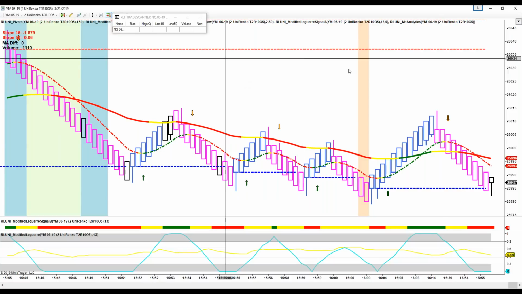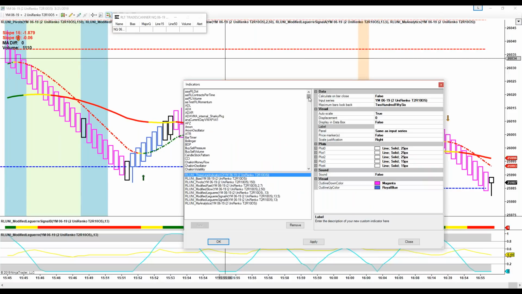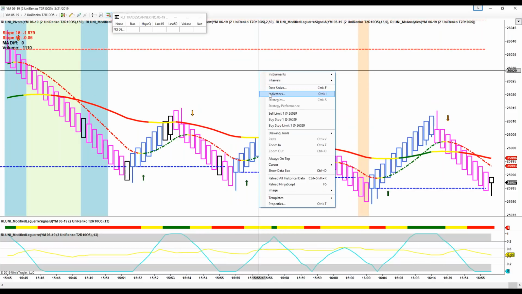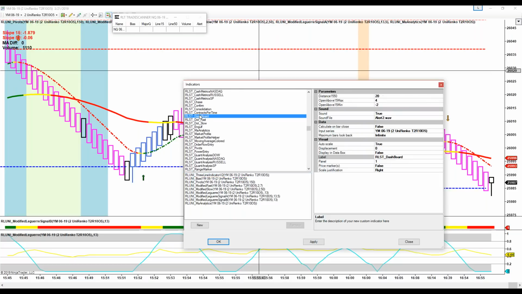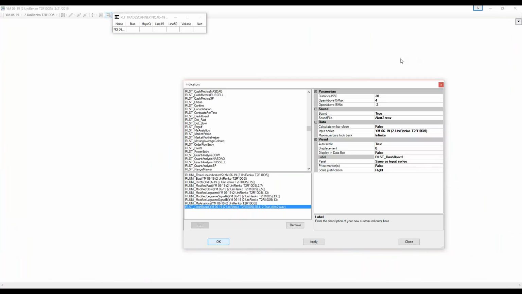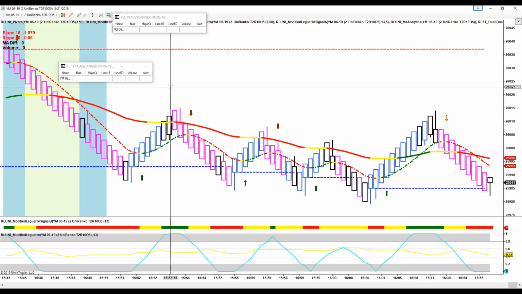I just want to put it on the Dow and see if it comes up. The Dow doesn't even have our full system on it, but I just want to see if the scanner comes up on the Dow. Hold on one second here. There it is.